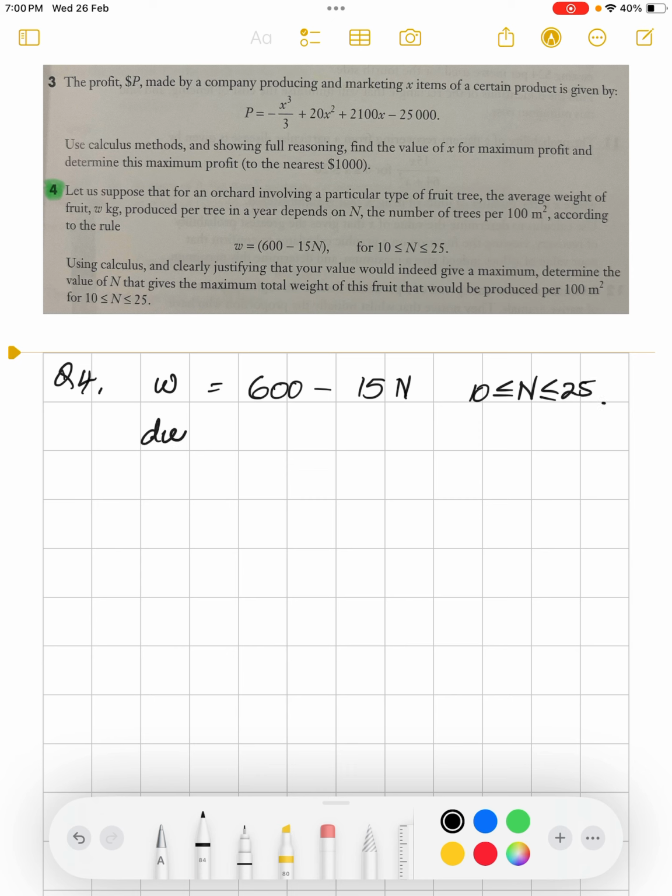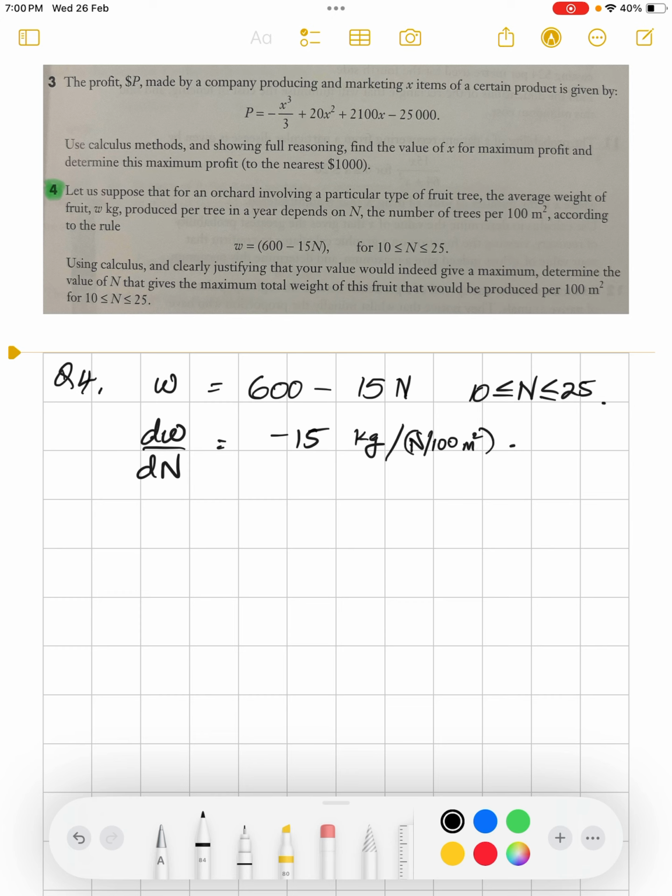And if we get dW/dN, we get a value of negative 15, and that means the weight is dropping by 15 kilograms per tree per 100 square meters.